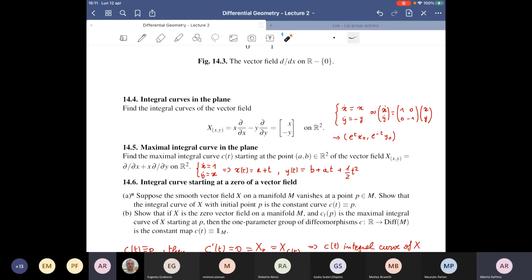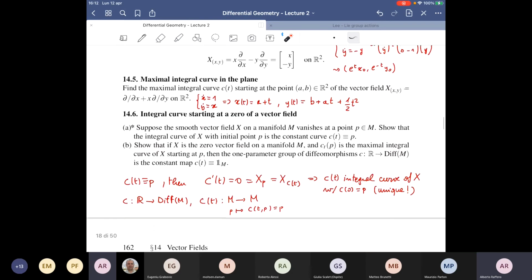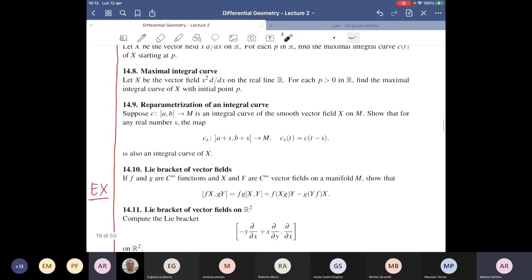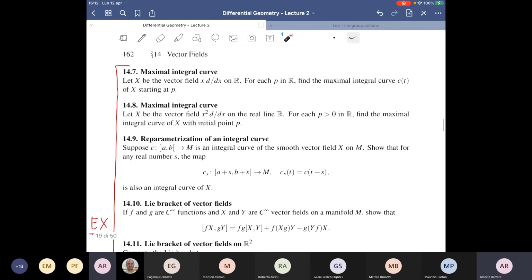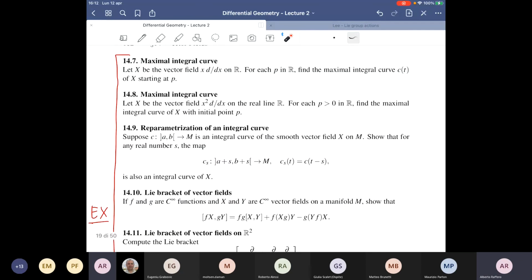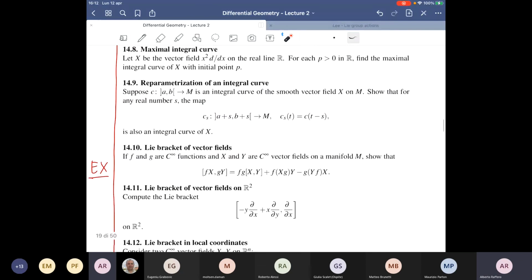So for instance, here you will end up with this ODE problem: x dot equals x, y dot equals minus y, and you will integrate it starting from each point you want, and you will get the solution. And then there are some exercises you could try to become more confident with these techniques if you want.